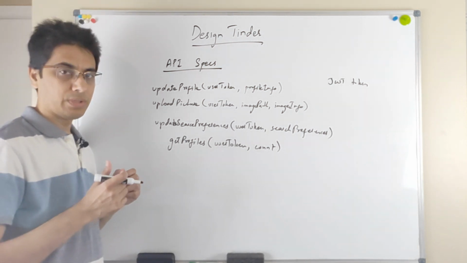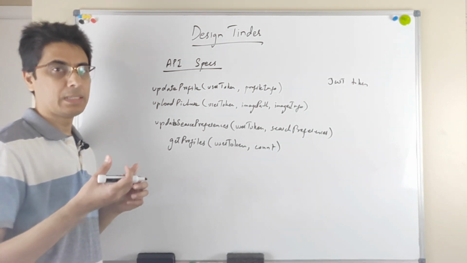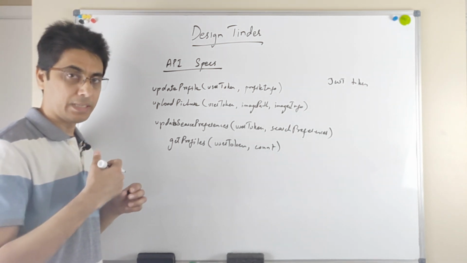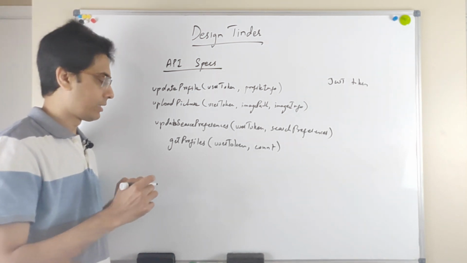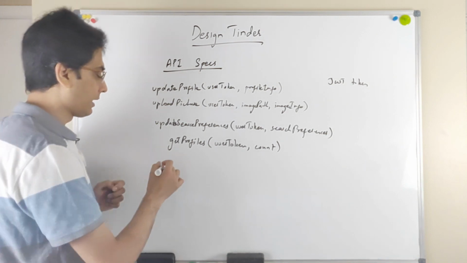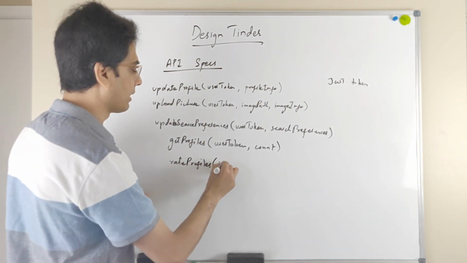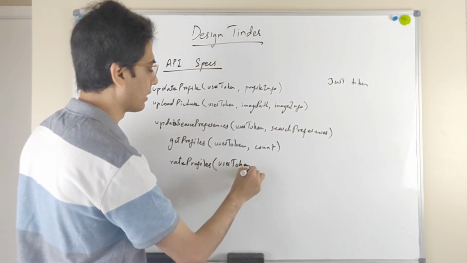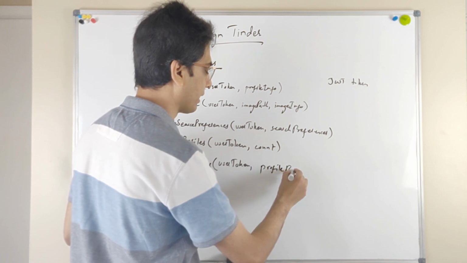Then as the user swipes left or right on a profile, there will be an API that the client side Tinder application will be calling to actually like or dislike the user. So we can say that API is rate profiles. It takes the user token and the profiles, and it also takes the profiles rating.